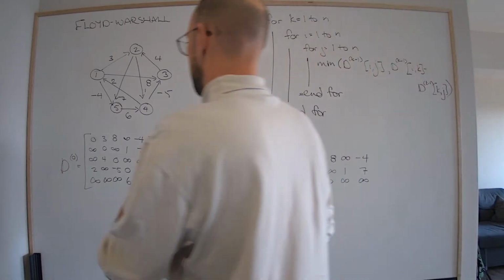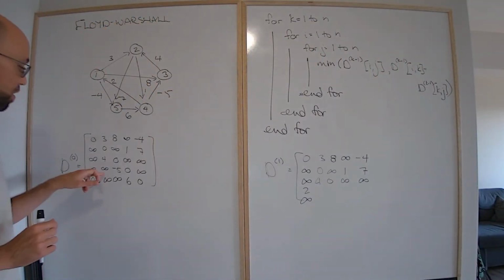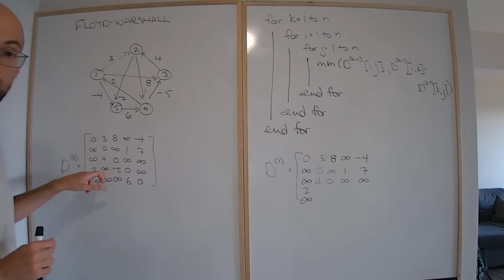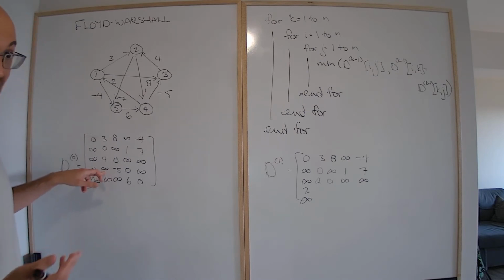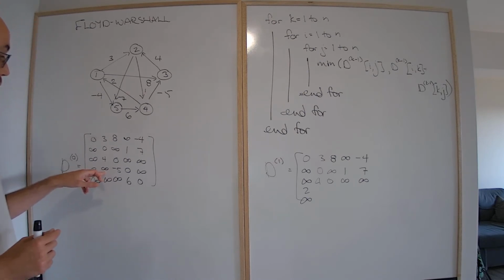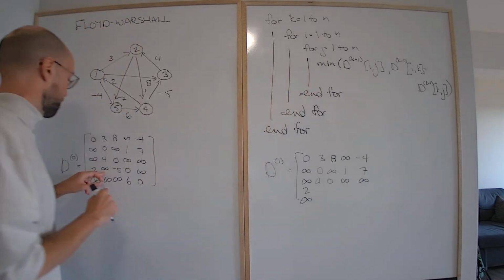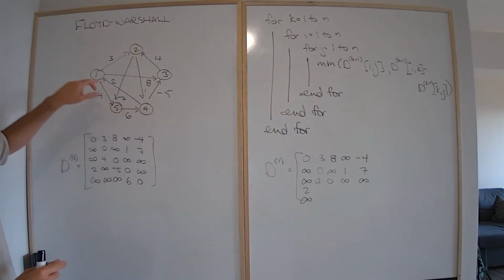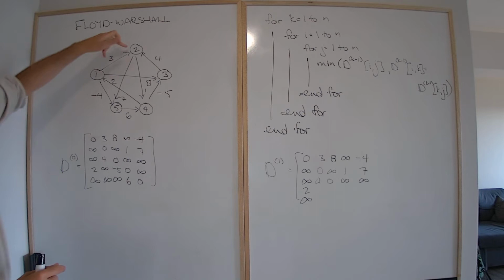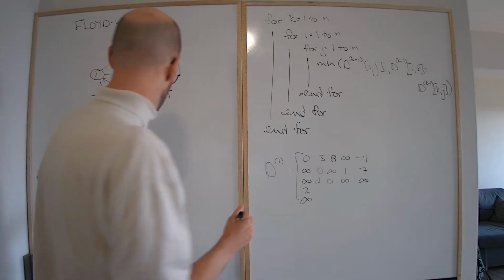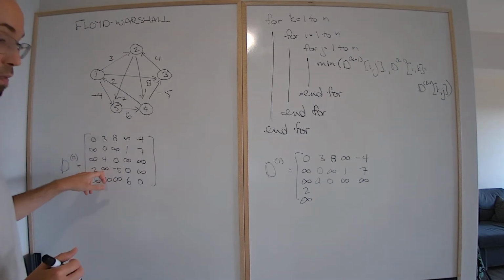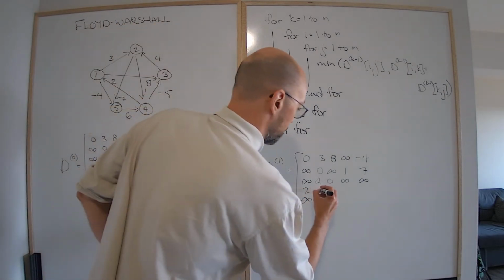It's the min of the cost of going from 4 to 2 directly, which is infinite because you can't, and the cost of going from 4 to 1 plus the cost of going from 1 to 2, which in total is 5. So the min of infinite and 5 is 5.